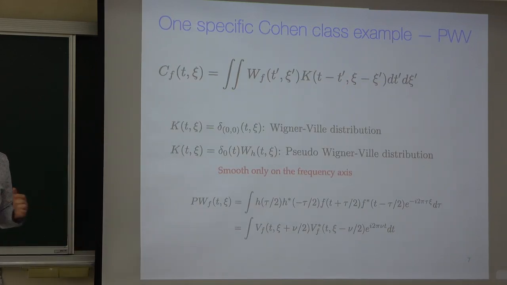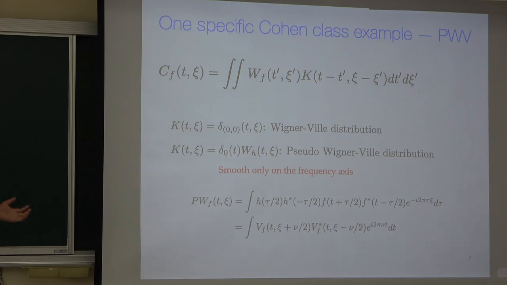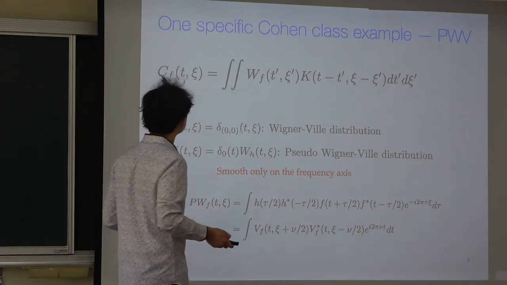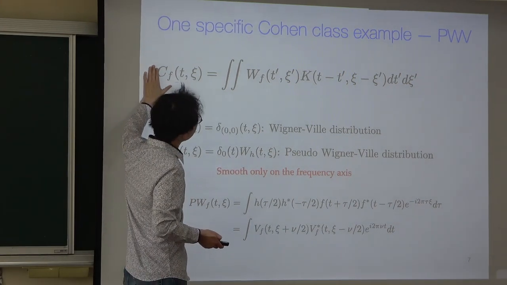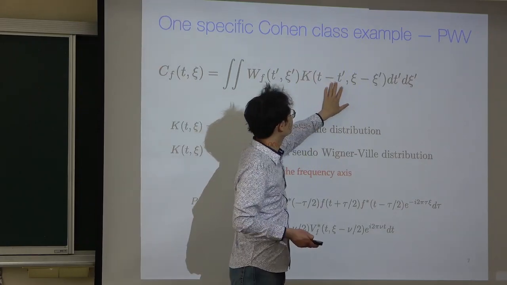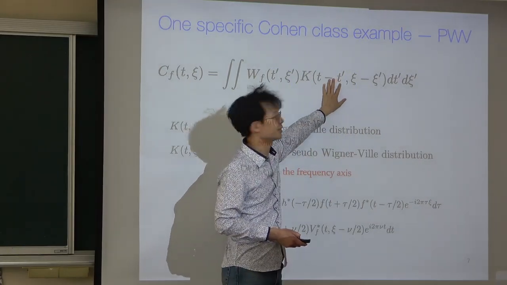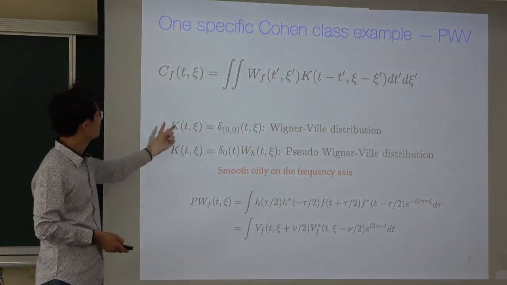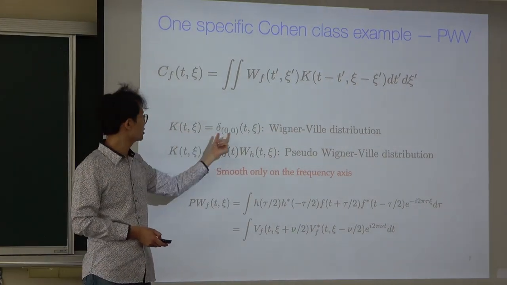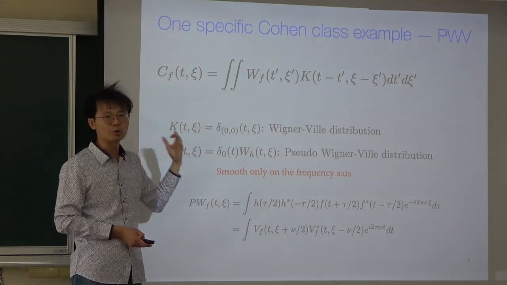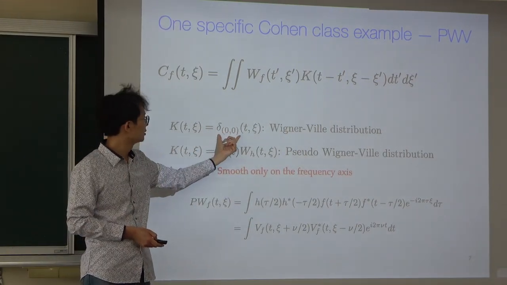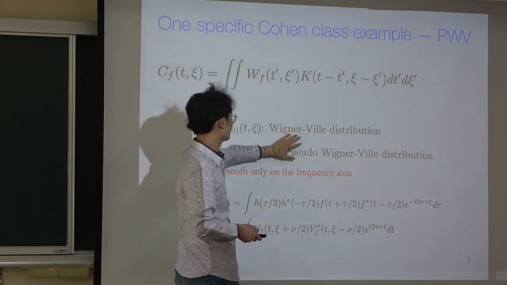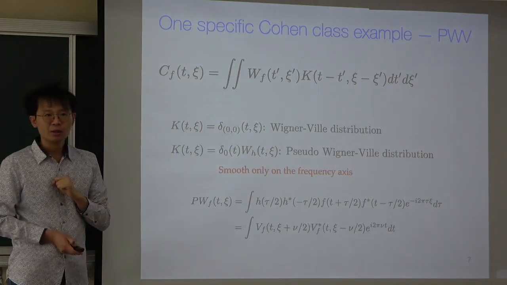How about the other possibilities? Well, there are a lot actually. Suppose you consider the Cohen class of the convolution type, nothing too crazy. And suppose you take the kernel to be just a delta measure, that is equivalent to doing nothing. Then it is just the Wigner-Ville distribution.